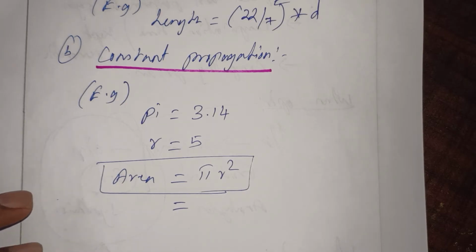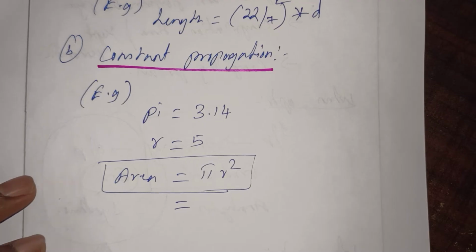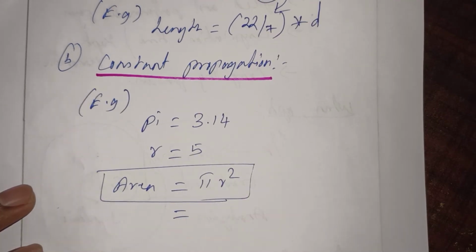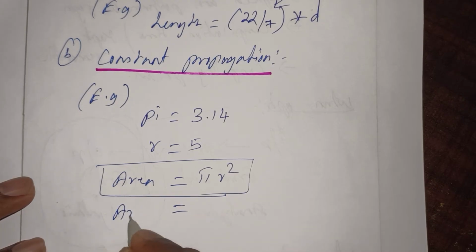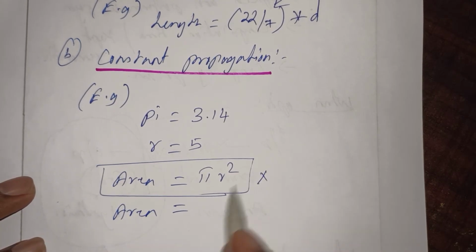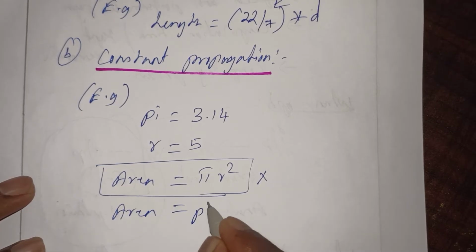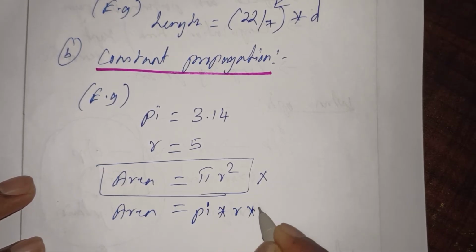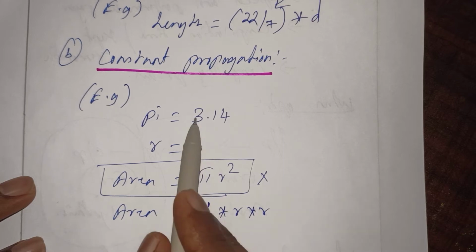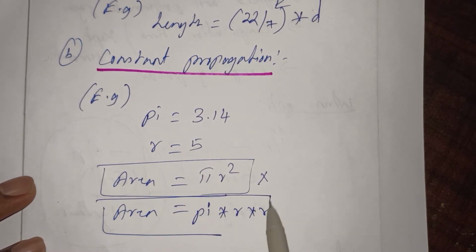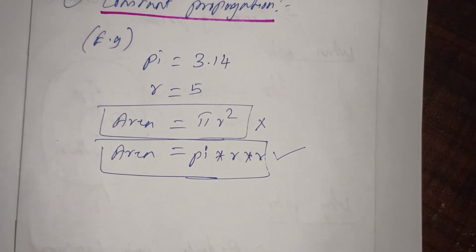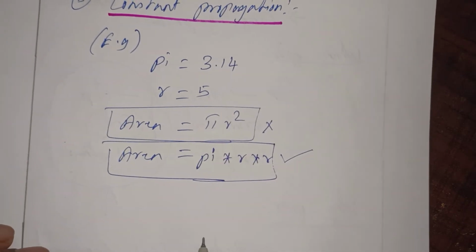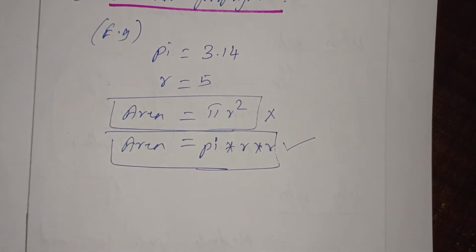The process is done immediately, not in the execution time, it is done in the compilation time. So area is equal to pi into r into r. Here the value is already there, so the process takes place at compilation time instead of execution time. That is the best example I can tell you.